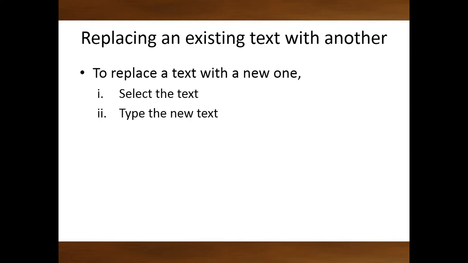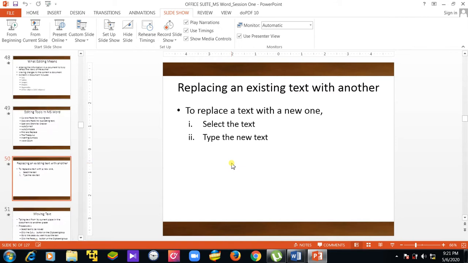What is the procedure? Step 1, you have to select the text. And then step 2, you type the new text there. So the moment you start typing, the selected text is deleted and is replaced with the new text that you are typing. Let us look at how to undertake this practically.